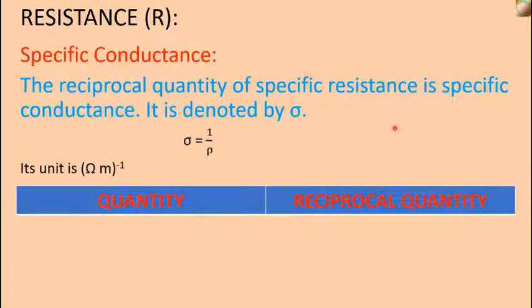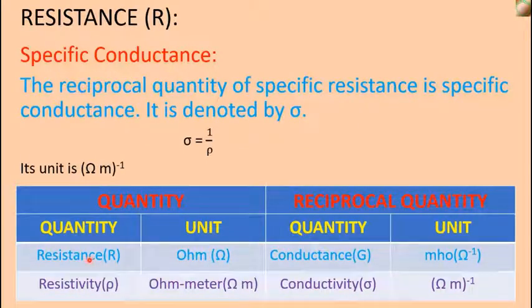The reciprocal quantity of resistance is conductance, and the reciprocal quantity of specific resistance or resistivity is conductivity. The unit of resistance is ohm, the unit of conductance is per ohm, the unit of resistivity is ohm meter, and the unit of conductivity is per ohm meter.